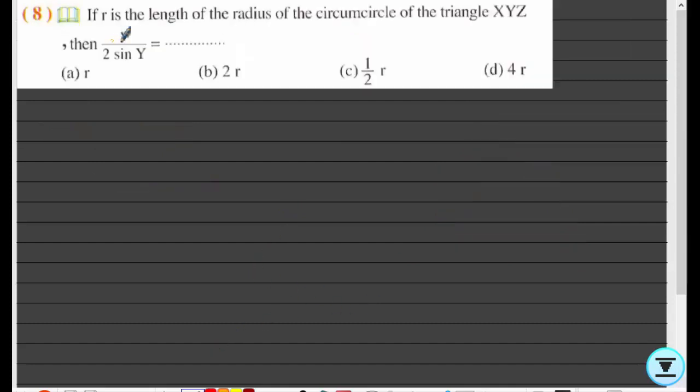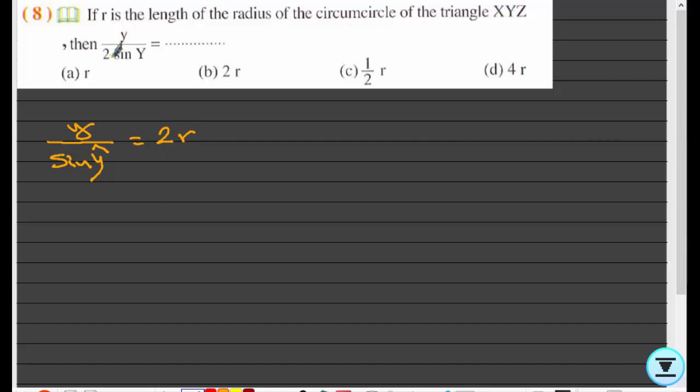Next question. If R is the length of the radius of the circumcircle of the triangle XYZ, then y over 2 sine Y equals what? Again, we write the relation between y and the angle Y and the radius, and we deduce the answer. y over sine Y equals 2R.